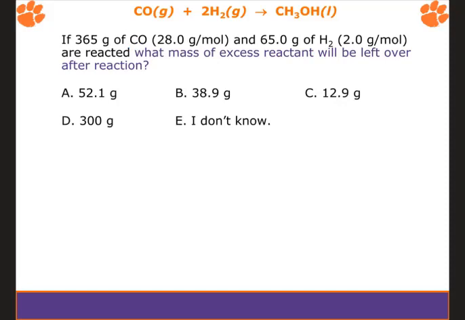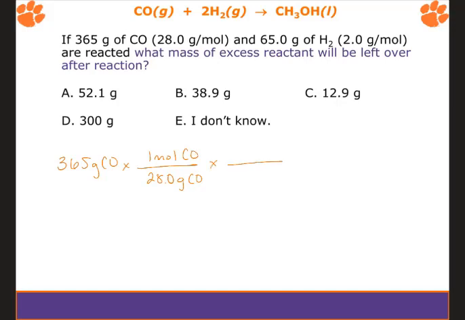So again, we're going to do our standard stoichiometry calculation where we start with our limiting reactant. So again, we have our 365 grams of carbon monoxide. And again, I want to convert that to moles. If you have that molar amount, you can just start here. I just forgot to write it down, so I'm just going to start from the beginning.